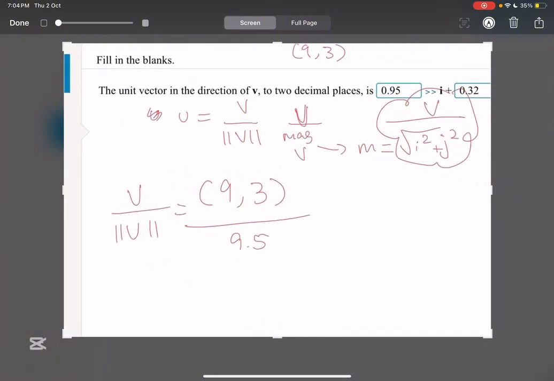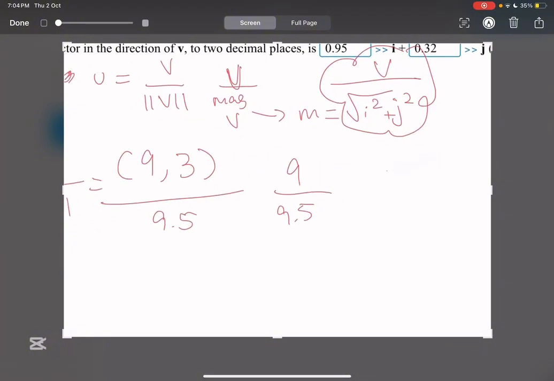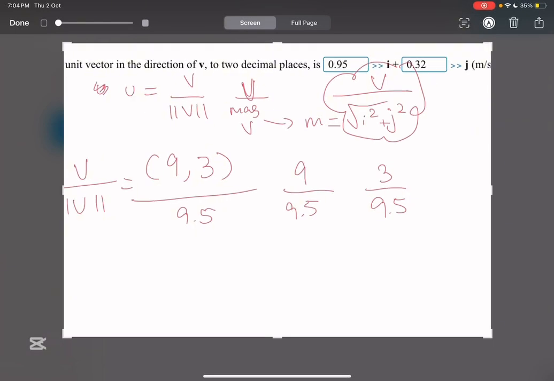Okay, and then we're going to separate them. So it's going to be 9 over 9.5, and then 3 over 9.5. So this is i and this is j.